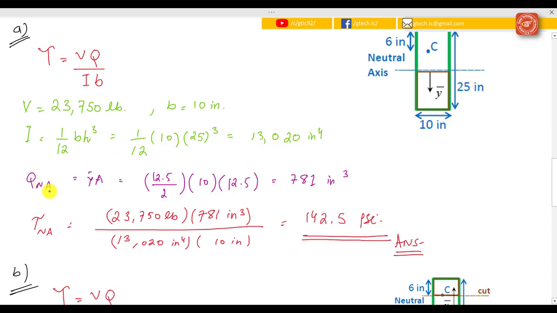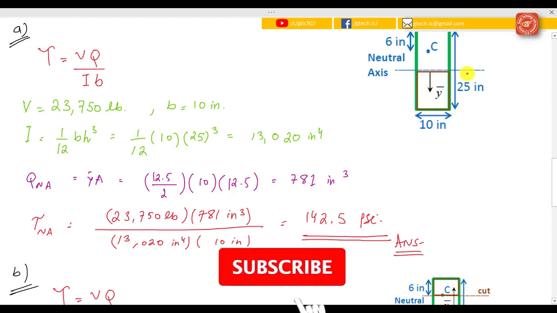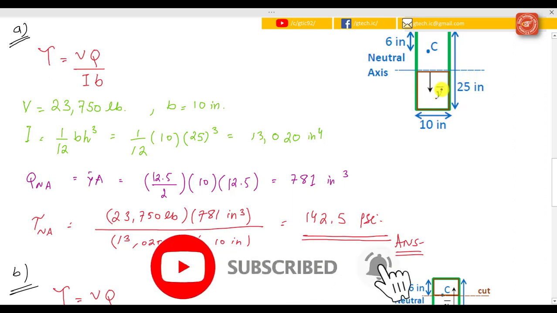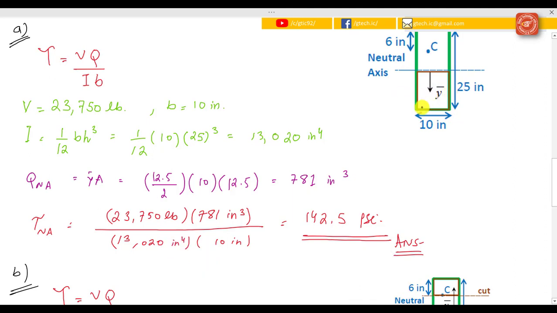And for finding Q, it is equal to y bar times A, and y bar is located at this point, where we consider the lower part of the neutral axis. So y bar is the centroid of this lower cross section. We can calculate this by simply dividing 12.5 by 2.